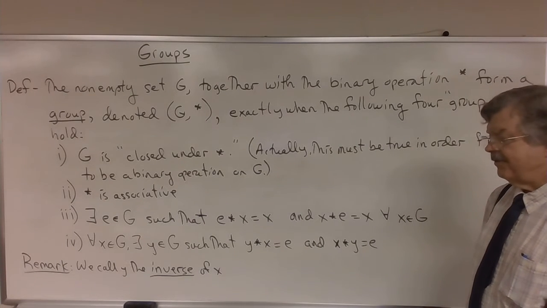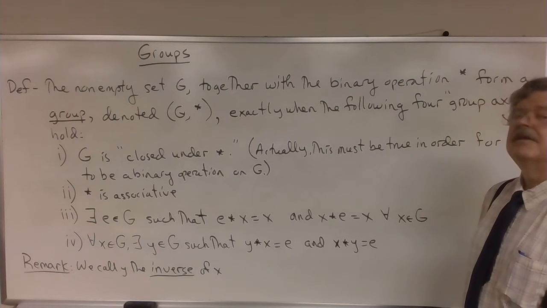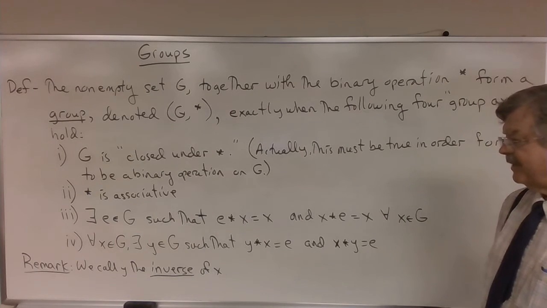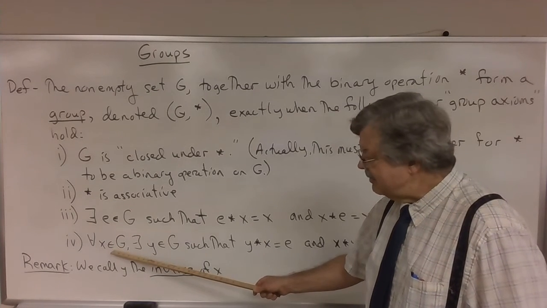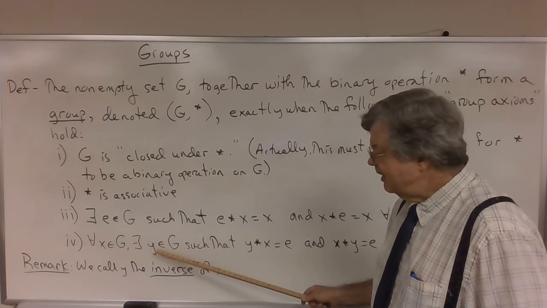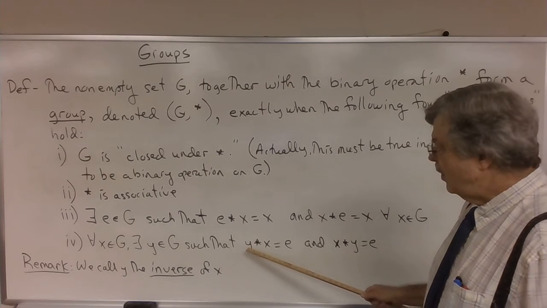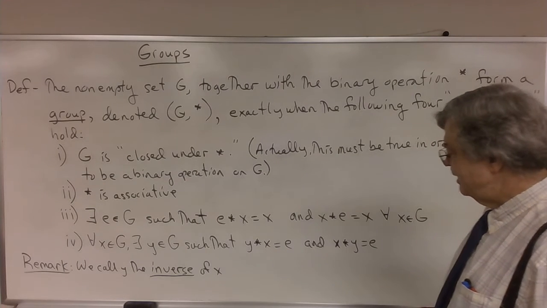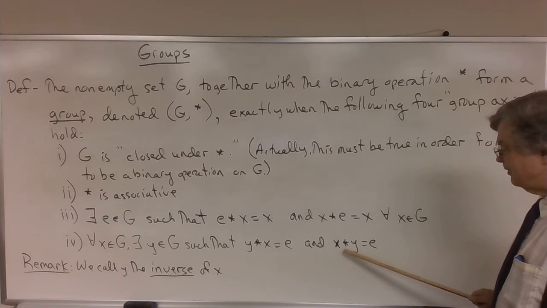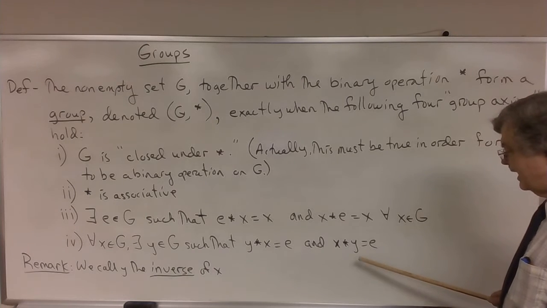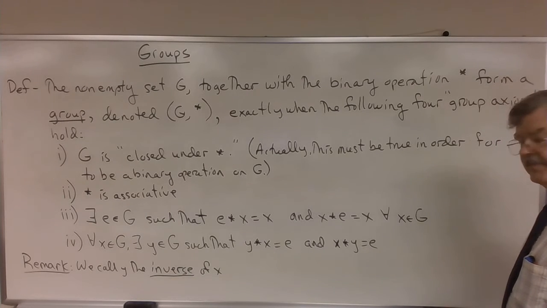And the fourth group axiom that has to hold is that for each element x in G, there's a corresponding element y in G such that y star x is the identity, and x star that same element y is the identity.